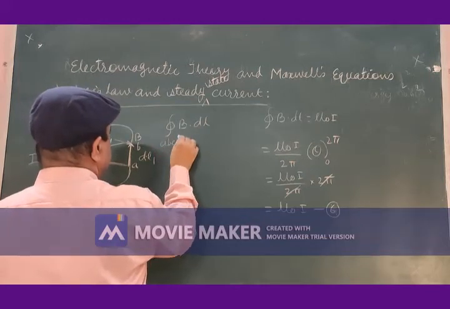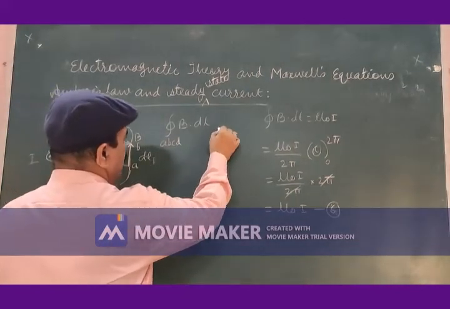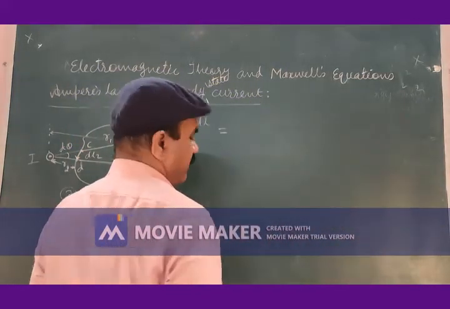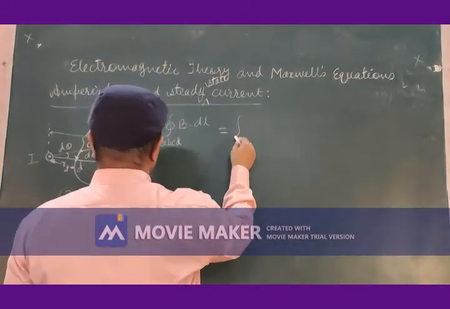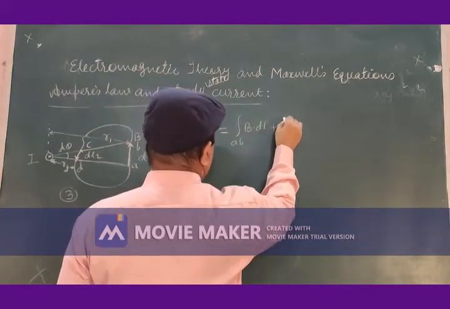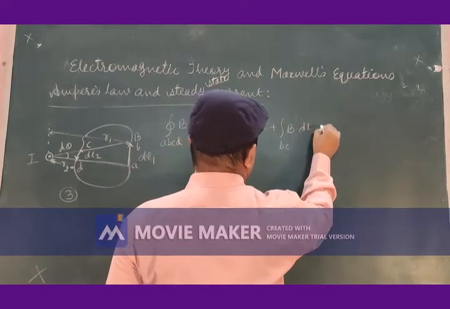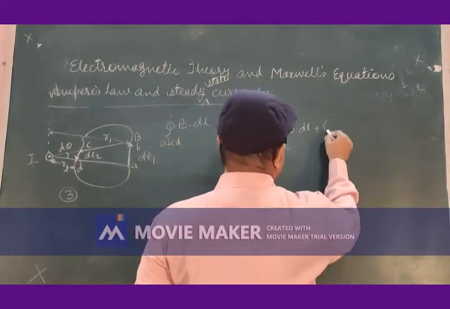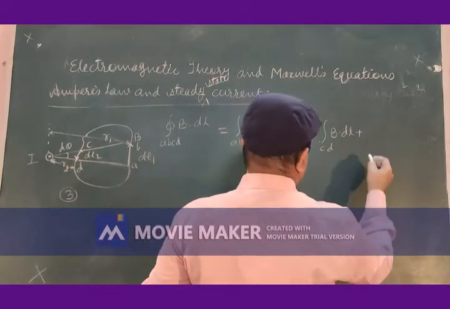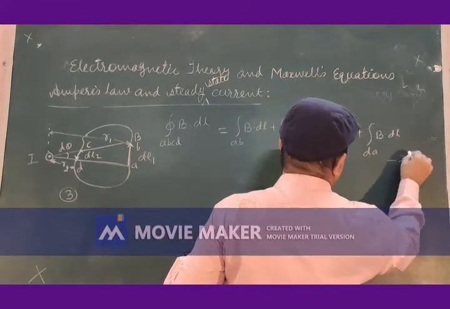A, B, C, D. The closed path A, B, C, D is equal to integration over the path AB B dot dl plus integration over the path BC B dot dl plus integration over the path CD B dot dl plus integration over the path DA B dot dl, equation number 7.